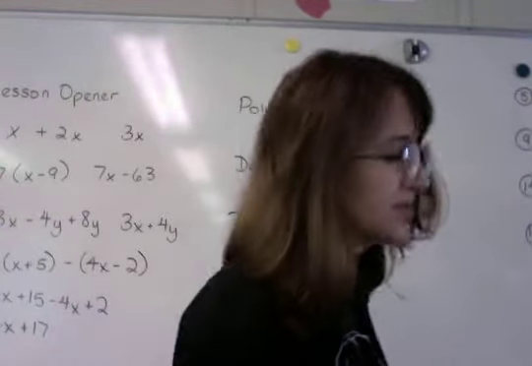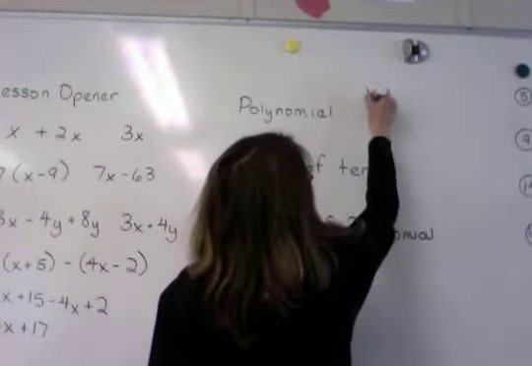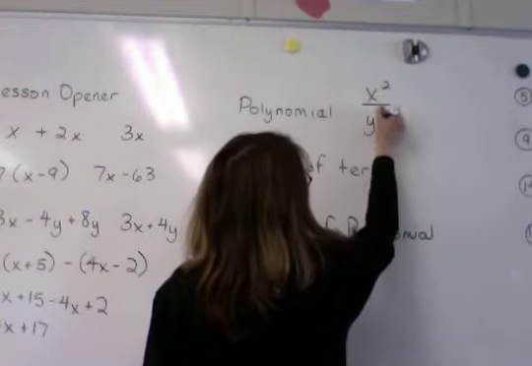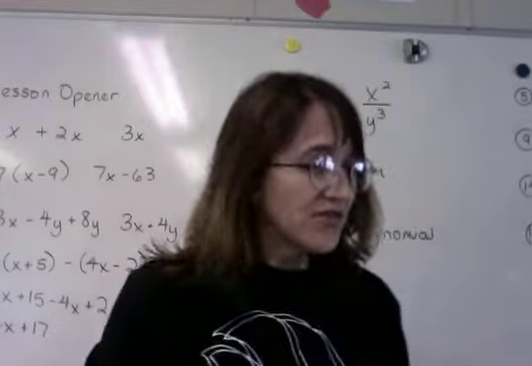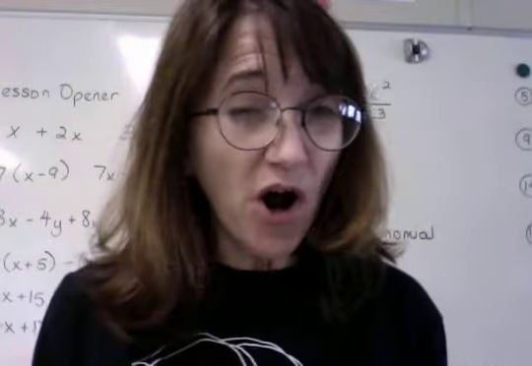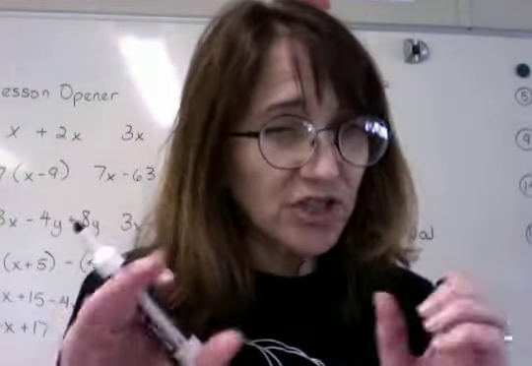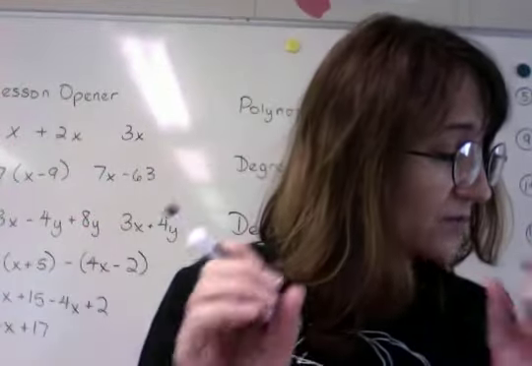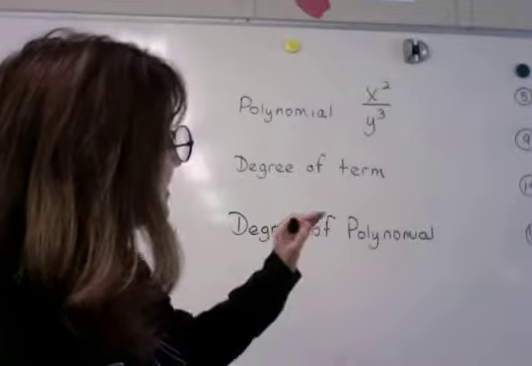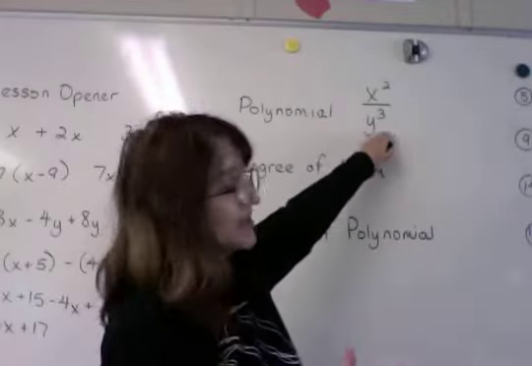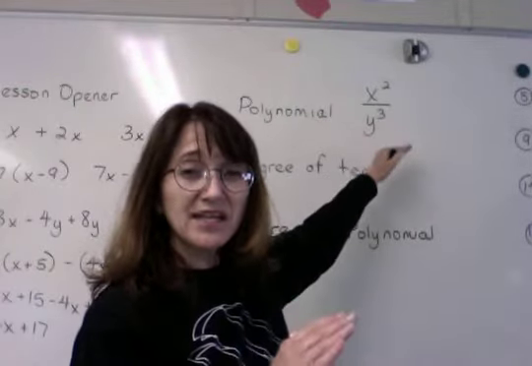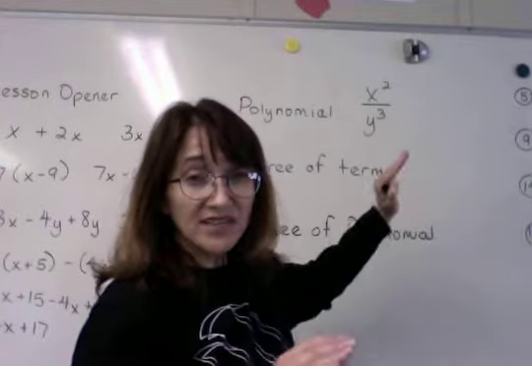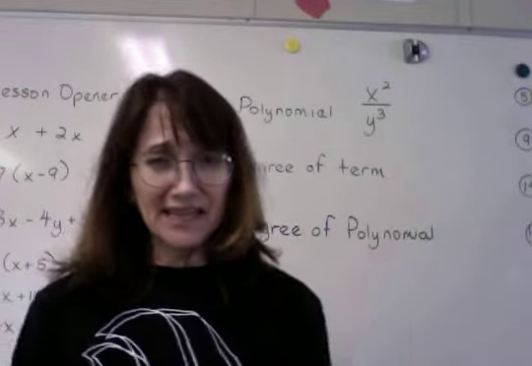But then look at their next example. What if you have something like x squared divided by y cubed? They tell you right there that if you have something that looks like that, it is not going to be in a polynomial, because this would end up being a negative exponent. If there's an exponent as the divisor, then technically that's a negative exponent.